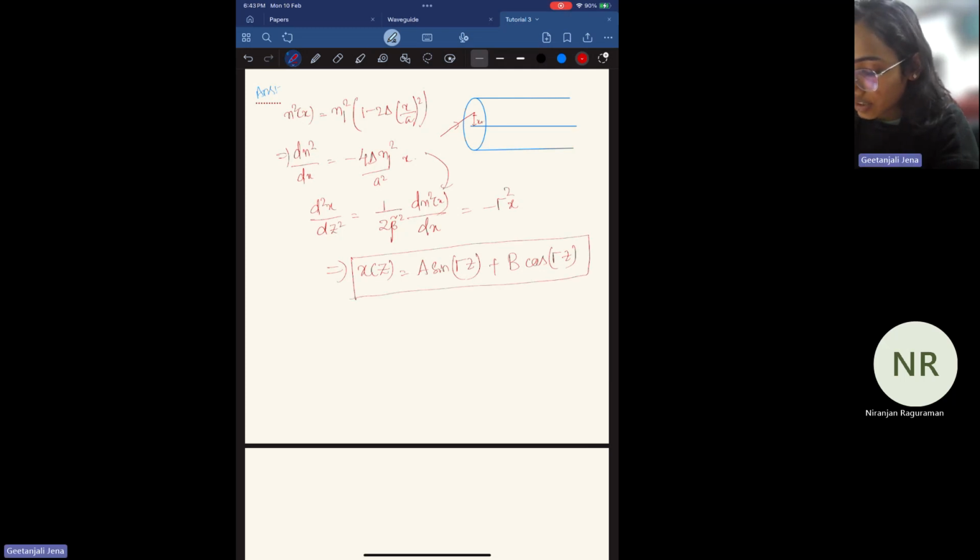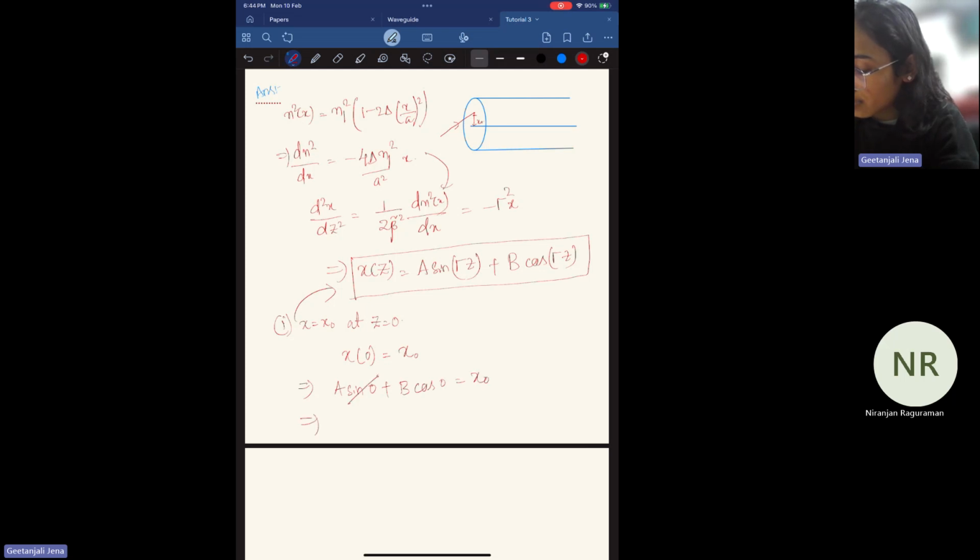Now let us see what the initial condition is. It is given the ray is incident at x equal to x0 at z equal to 0. This is the first boundary condition. If you put this boundary condition here, x0 will be A sin 0 plus B cos 0 equal to x0.